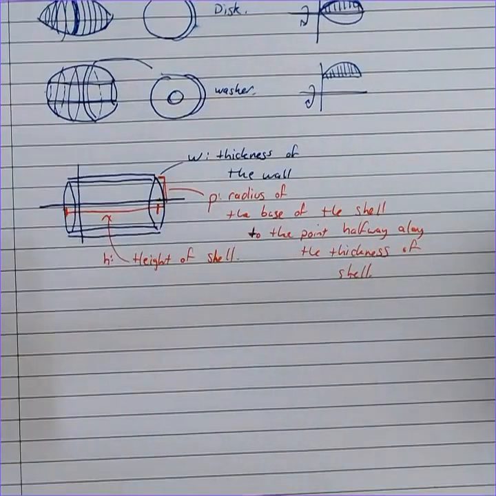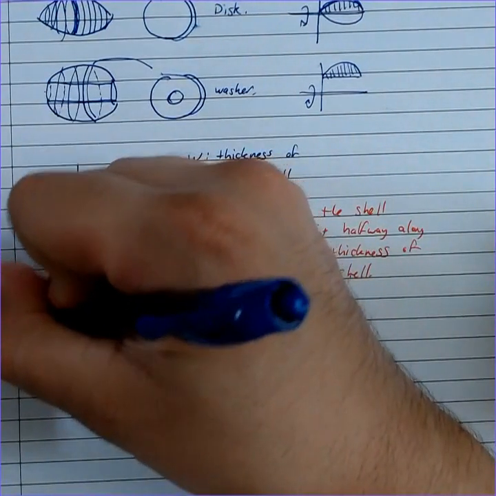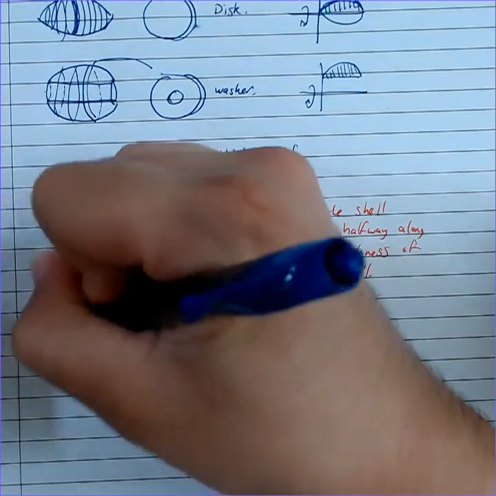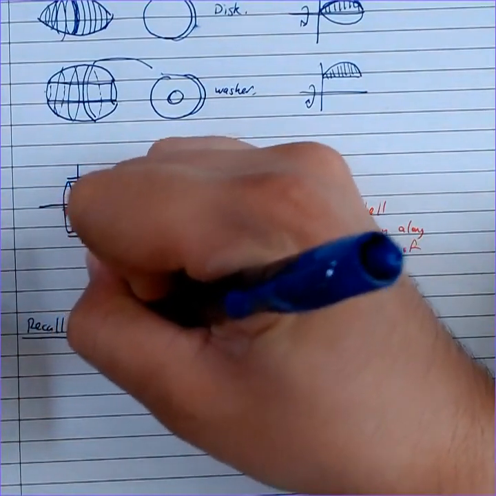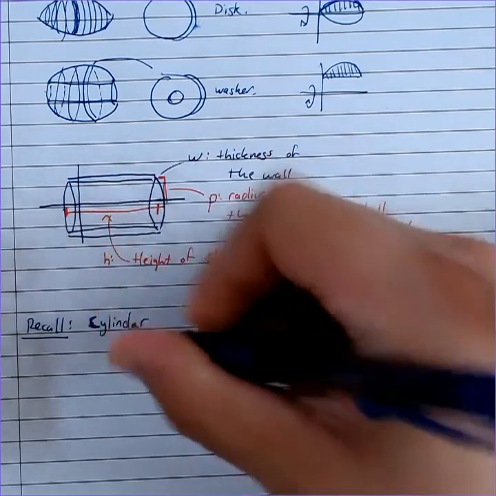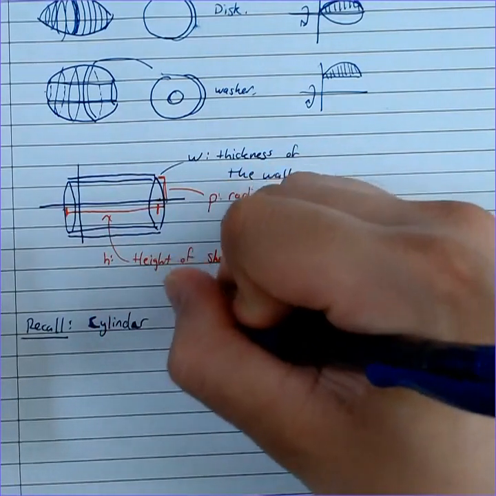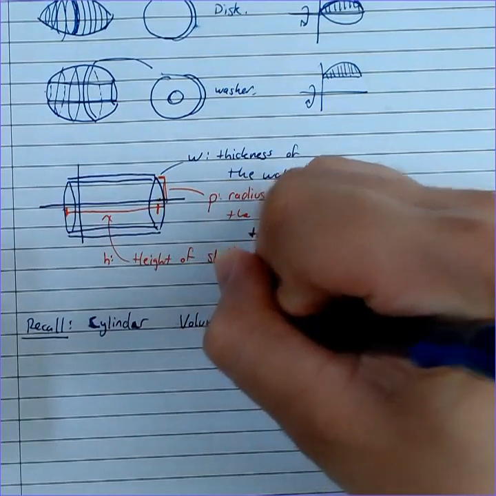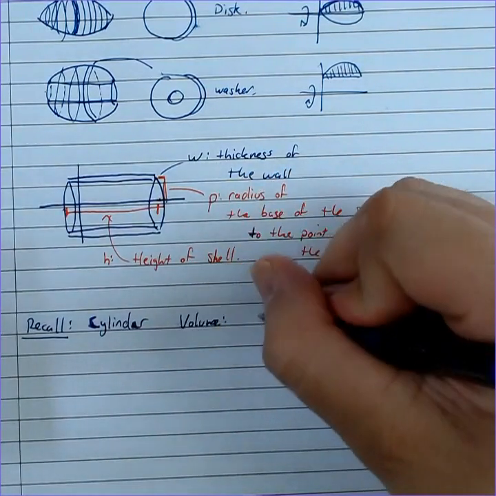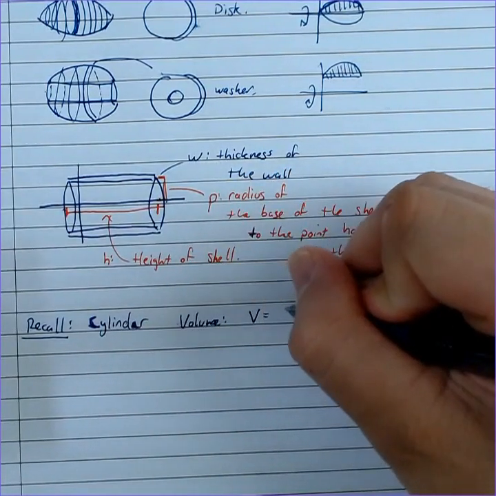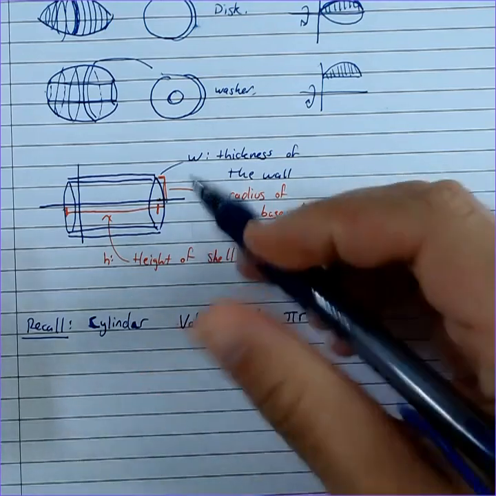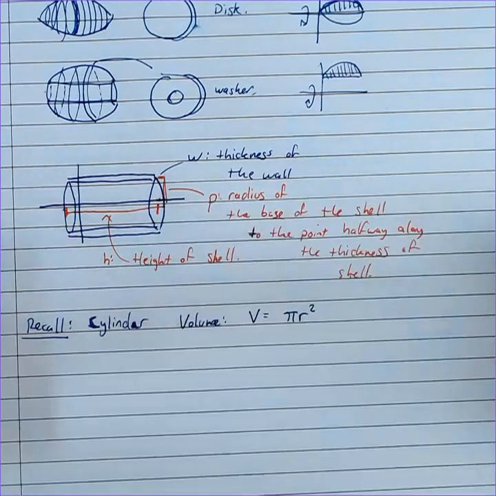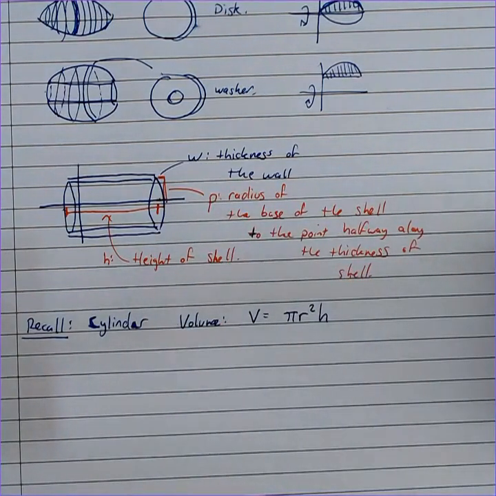Okay, well then recall that the volume of a cylinder has a volume that's given by V equals pi r squared, which is the area of the base, times the height.